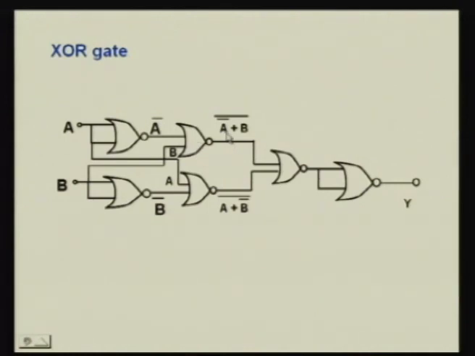After that we will get A bar B complement and AB bar complement. If we again use these two as the inputs of a NOR gate, we will get the output as the complement of the whole sum, and if we complement it again, we will get the output of an XOR gate.